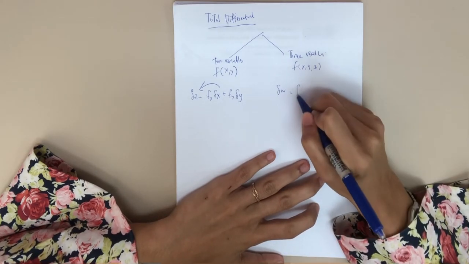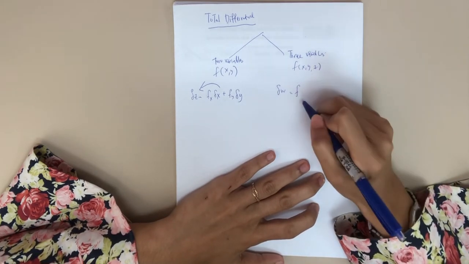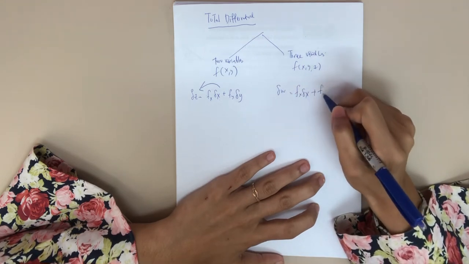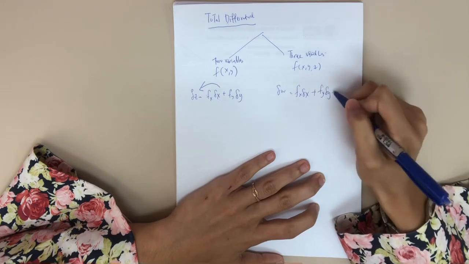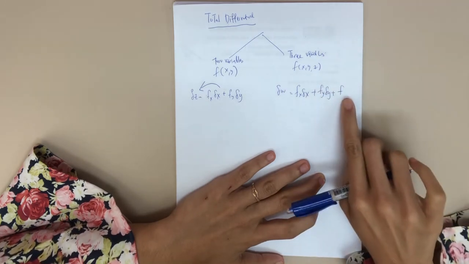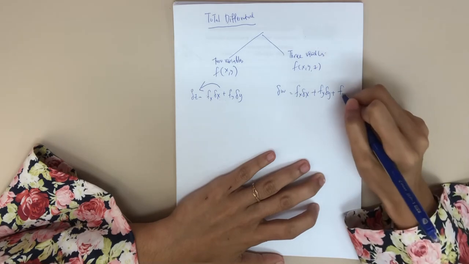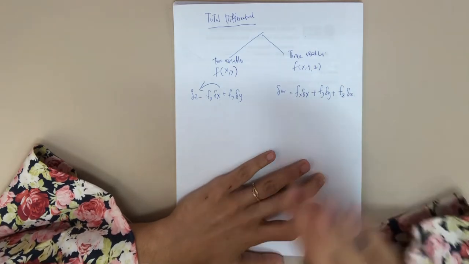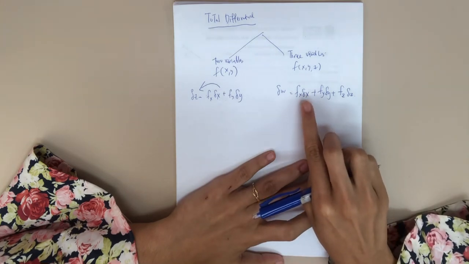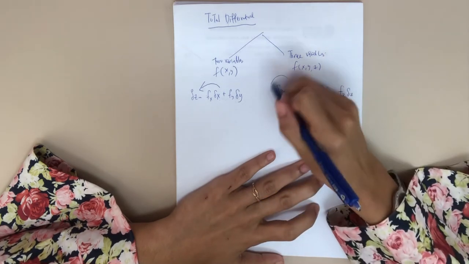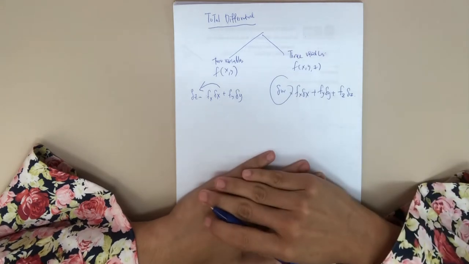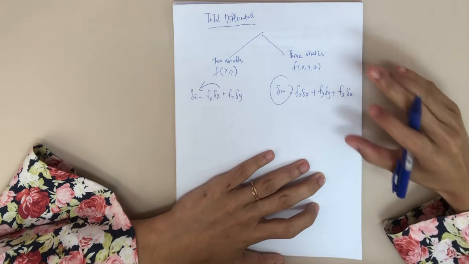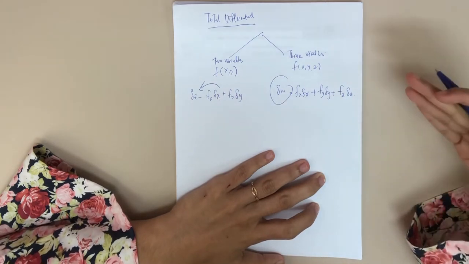You find fx times the change of x, plus fy times the change of y, plus the extra term here, which is fz times the change of z. If changes happen in x, y, z, then w will also change. This is the meaning of a total differential.